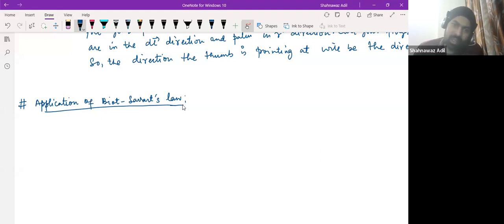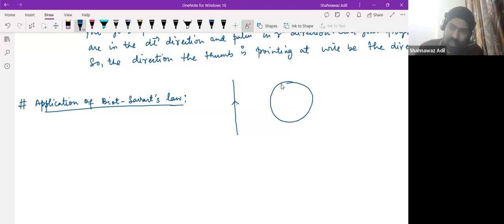The usual shape of the current carrying wire is what? There can be two scenarios. One is that the wire is a straight wire, and the other is that the wire is a circular wire.